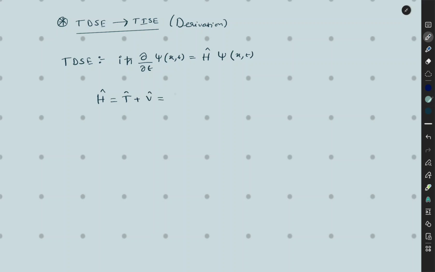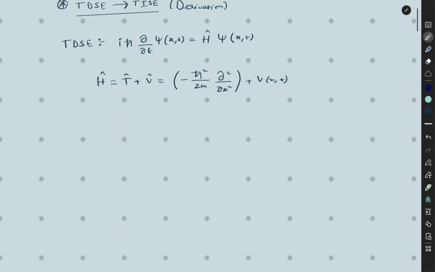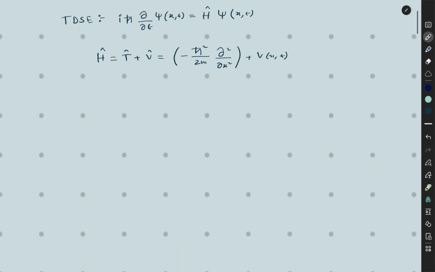So it means minus h cut square upon 2m del square by del x square plus V of x comma t. So this is the full equation, our starting point, and it is like Newton's F equal to ma for quantum mechanics.